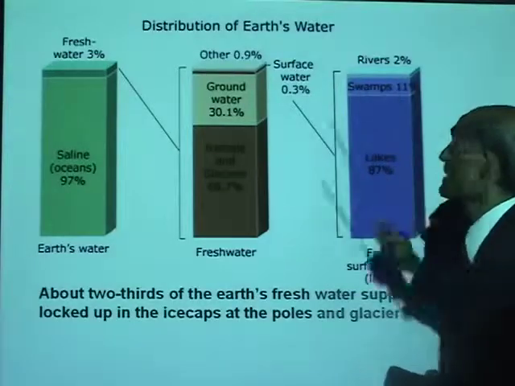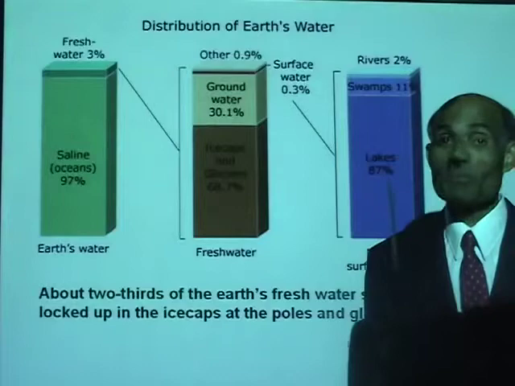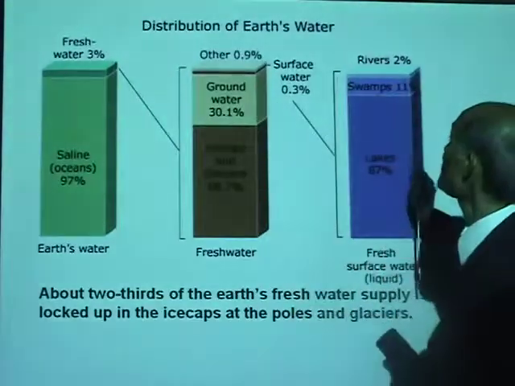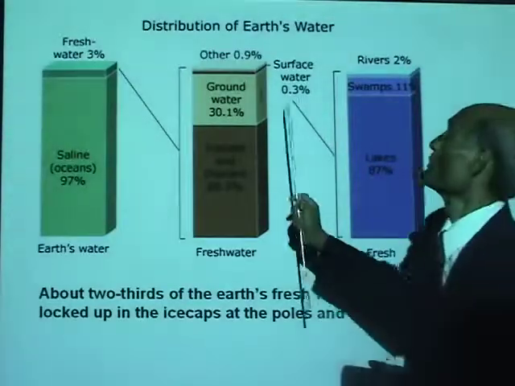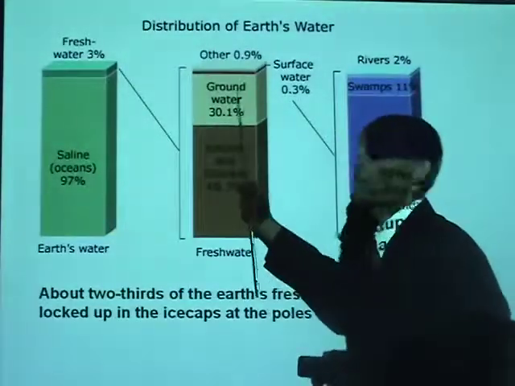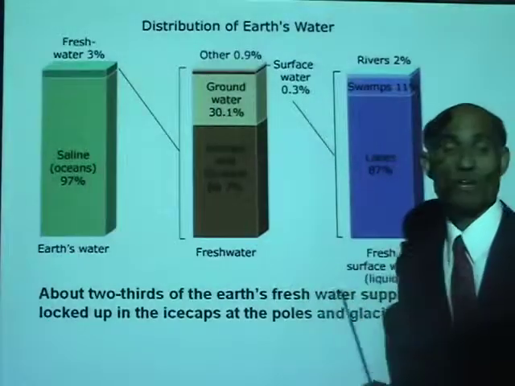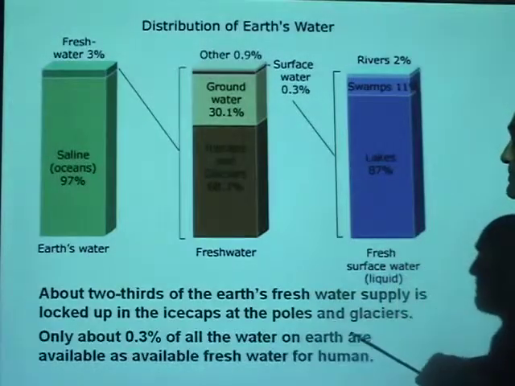And 2% are in rivers and streams. And remember, most of our drinking water comes from here, rivers and streams, although we actually tap a lot of this groundwater. So this is a summary of all the waters that is available to us.